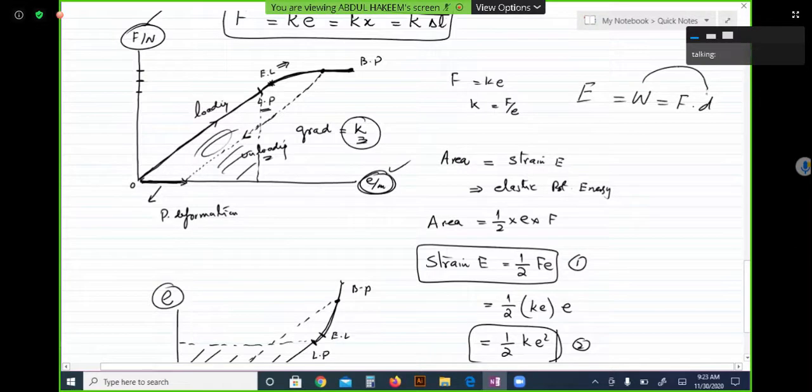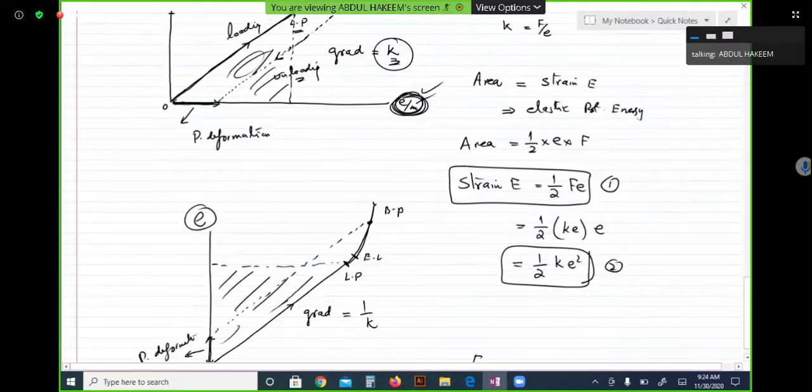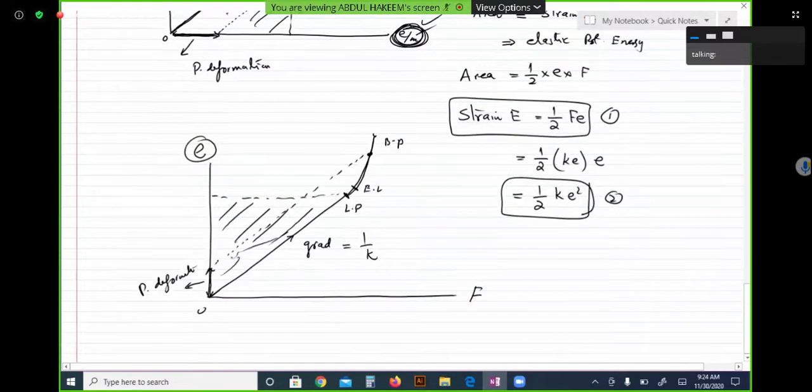So work is only done when the distance is covered. So we have to shade the area adjacent to the distance covered by the wire, meaning extension. So the area is always shaded adjacent to the extension. So here it's down the line and here it's up the line. So the formula will remain the same.